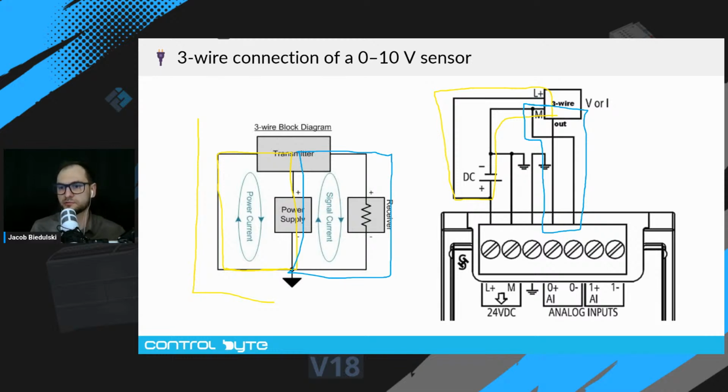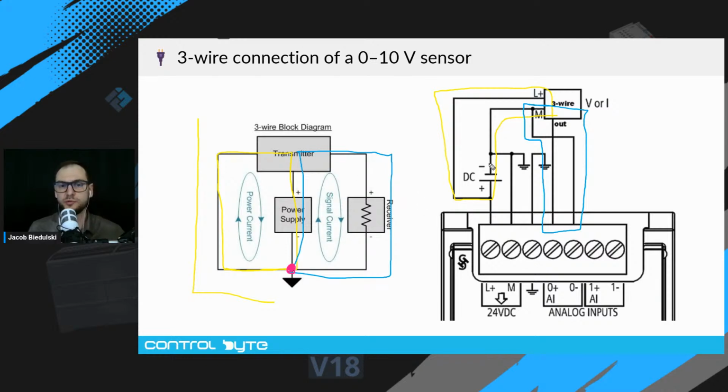And what is important about this diagram is that the power circuit and the signal circuit have the common ground, okay? It means that if you connect the signal circuit and the power circuit with the common ground, and you have, for example, some inductive loads connected to this DC power supply, it will cause some interference in the signal circuit as well.